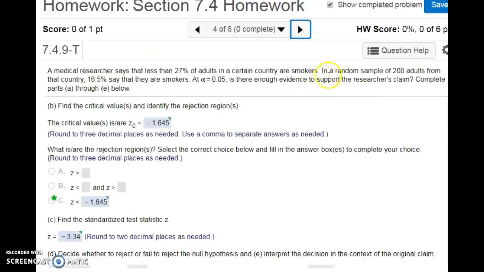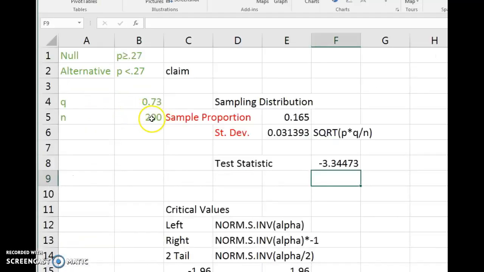Then let's look at the numbers from our actual sample. Its size is 200, and the proportion from our actual sample is 16.5. So let's put that in. So we have our sample size of 200, and we know our sample came back with a proportion of 16.5%, so write that as a decimal.